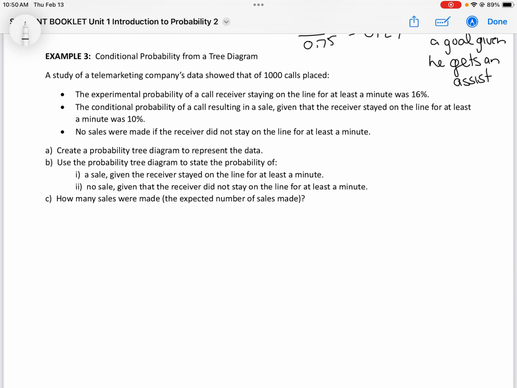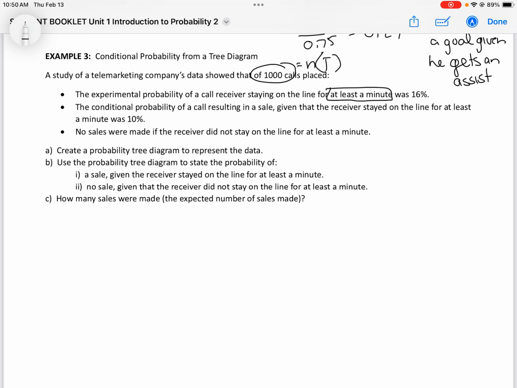Okay, now let's do conditional probability in the form of a tree diagram. A study of telemarketing companies' data shows that of 1,000 calls placed, so n equals 1,000, that's like the number of trials. The experimental probability of a call receiver staying on the line for at least a minute is 16%.